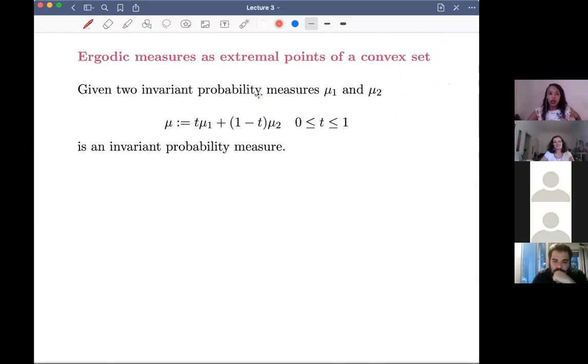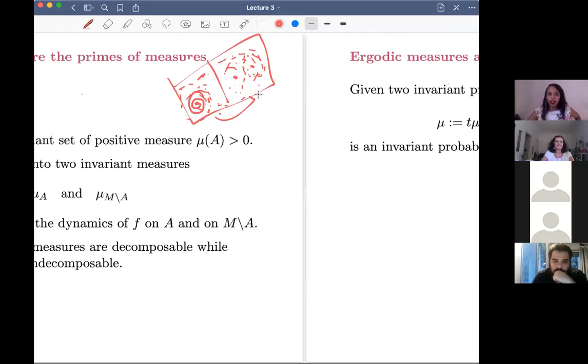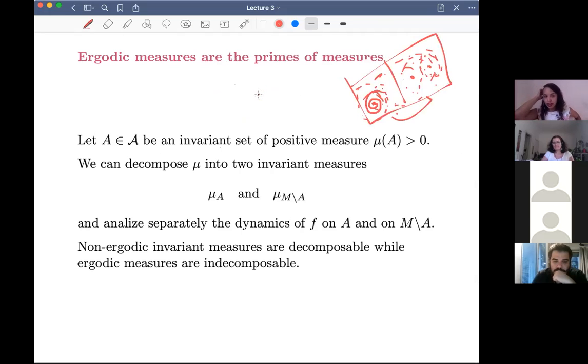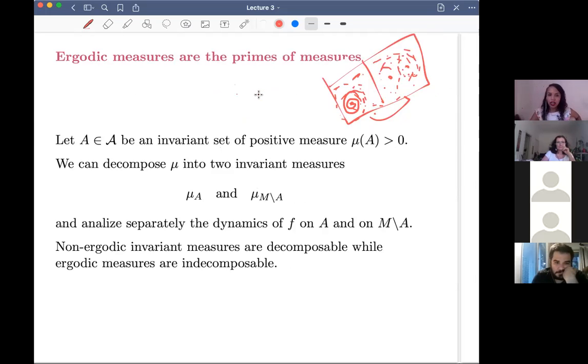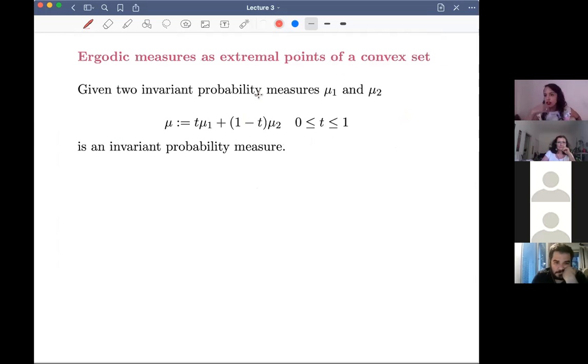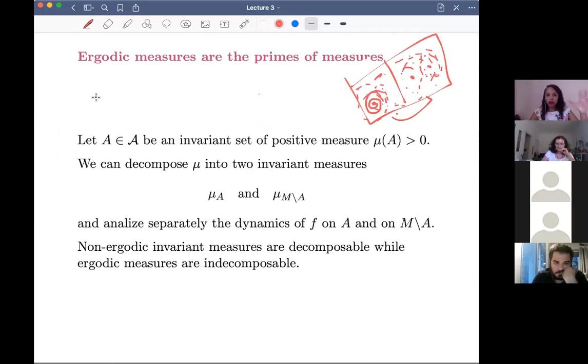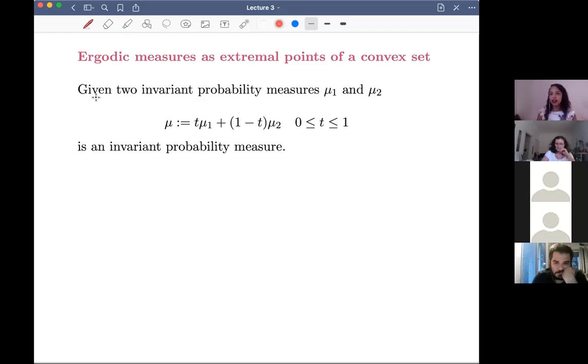The ergodic measures are the bricks of the measure, and we can also see them as extremal points of some convex set. We can think about number-theoretic ideas, that we cannot decompose the measure, and now we can also think in a more algebraic or geometric way.